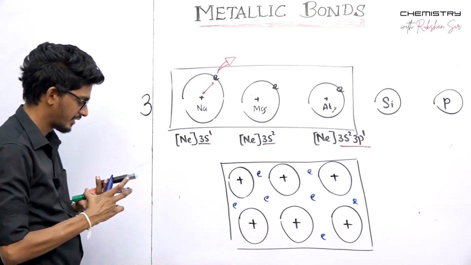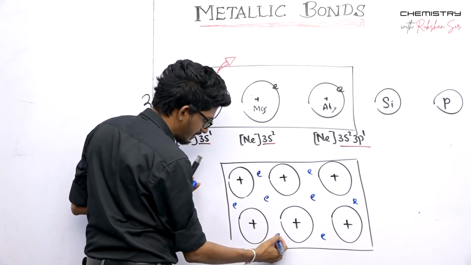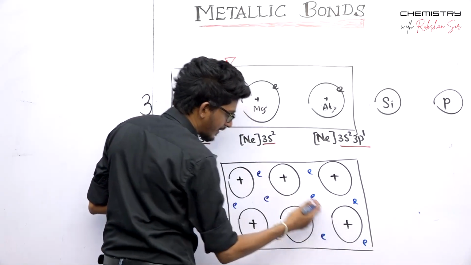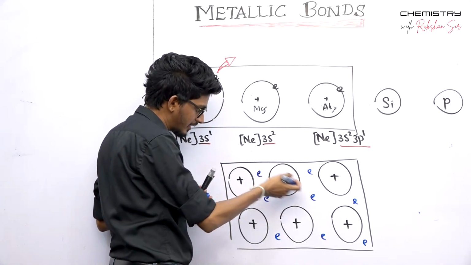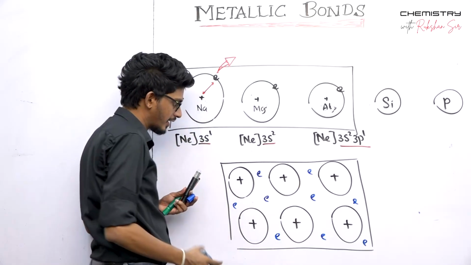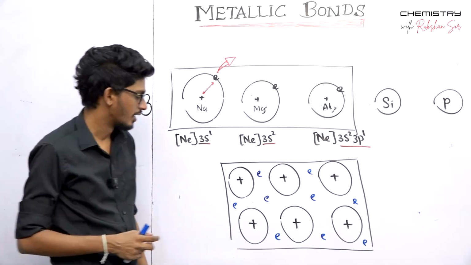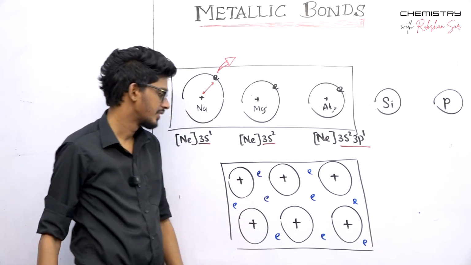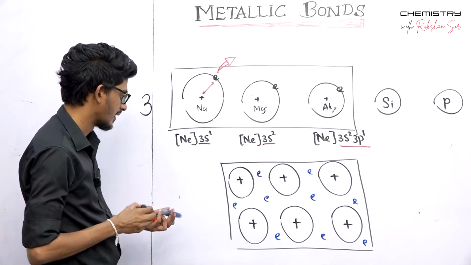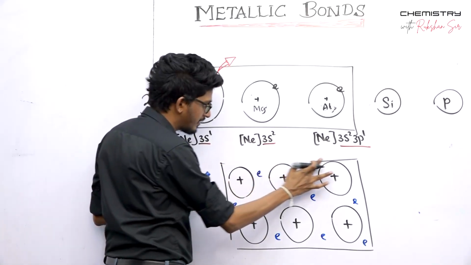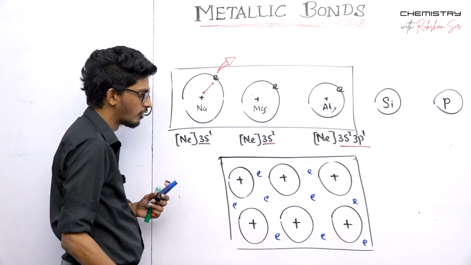Metals release their outermost electrons easily, and those released electrons won't go far away from the metal ions, because they tend to be attracted towards the cations. So metals ultimately have this kind of lattice structure, where positive metal cations are dipped in a sea of electrons released by the metal atoms when forming the cations.